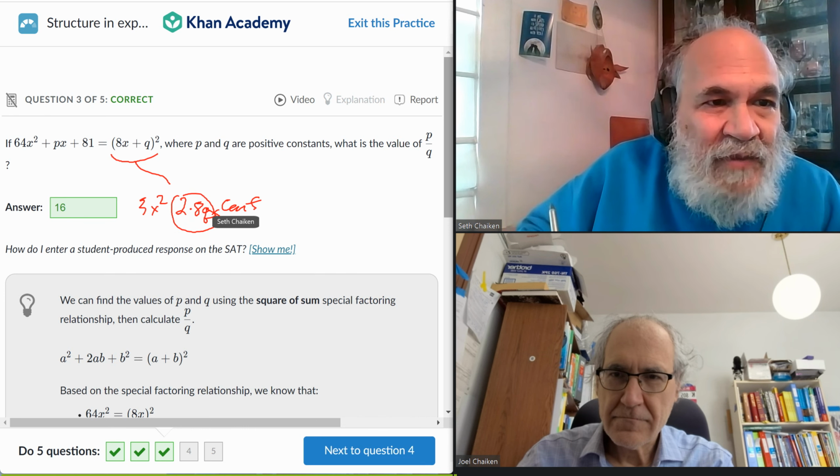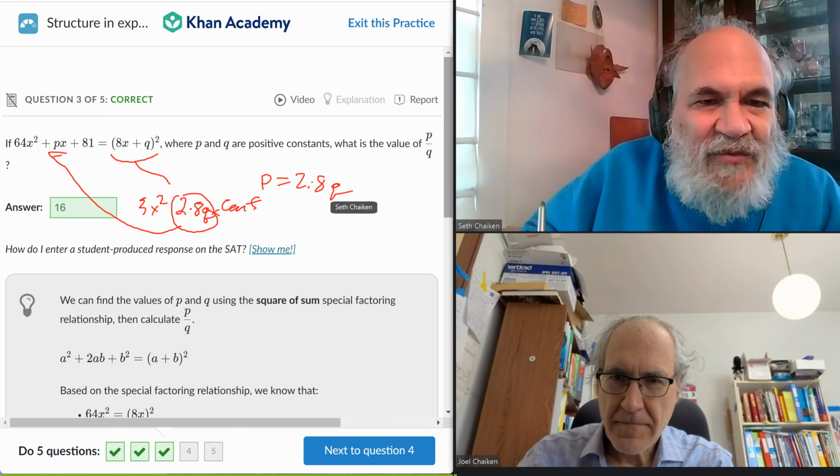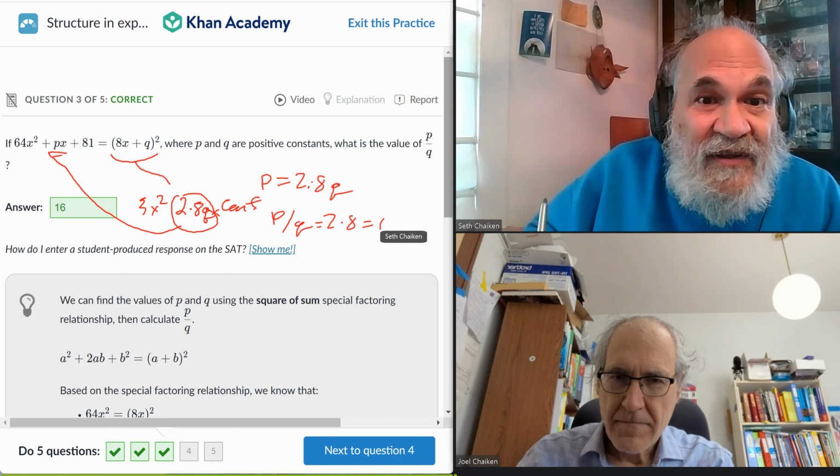This middle term matches with p. Right. So p equals 2 times 8 times q. P divided by q is 2 times 8 equals 16.